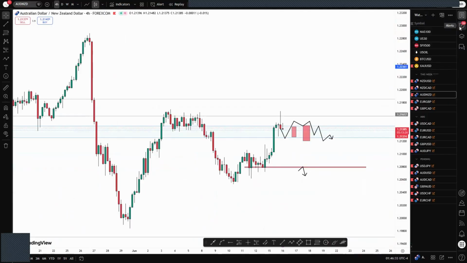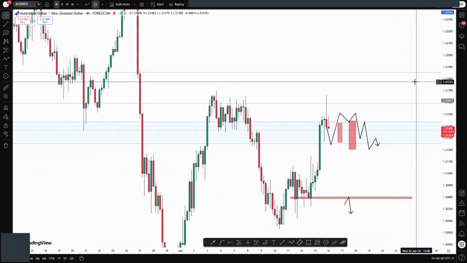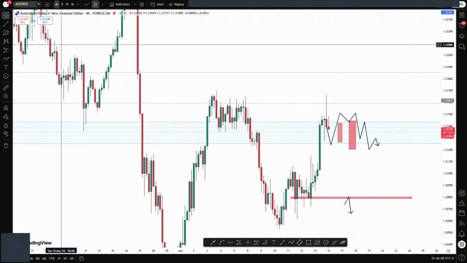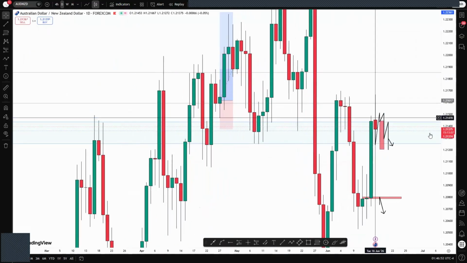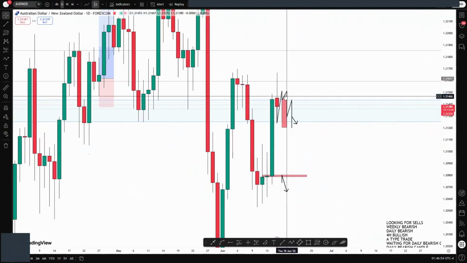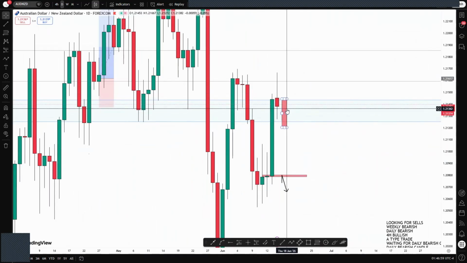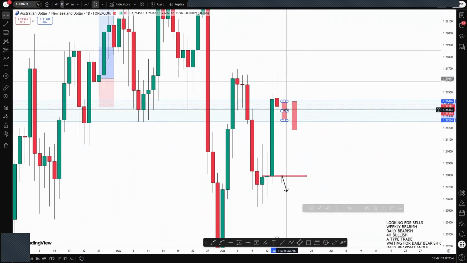AUDNZD. This is a very nice pair. I'm starting to think this might be the pair we take, the trade we take, because of the way it's moving smoothly. Just the same way I was telling you, if we have this daily break today, this 4 hour close, we will expect a daily rejection, which is the first candle, and the next one.